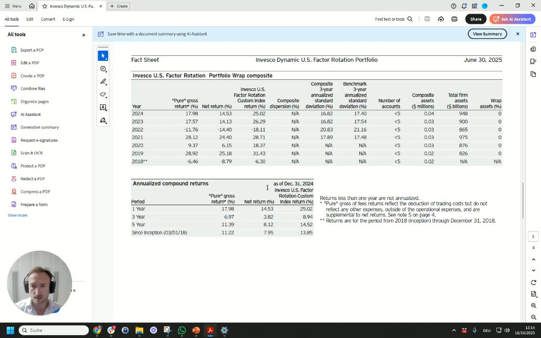So the only way to explain that is by exceptionally poor asset allocation decisions. And I can only speculate, but for example, take 2020, the COVID crisis. You can see the net return was 6% versus the performance of the index at 18%. So what I would speculate happened is that Invesco, at the depth of the COVID crisis in March 2020, probably went all into quality, low volatility ETFs, thinking they're safe.